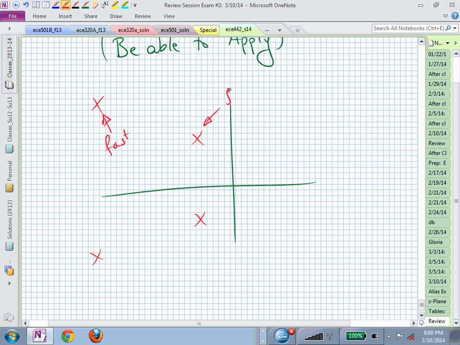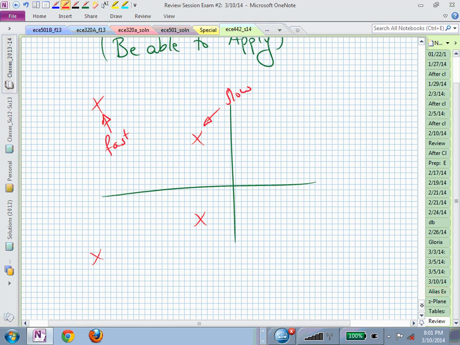This is the slow pair, and that's going to dominate your response in the time response, but this is going to be the fastest one. So you base your sampling on the fastest. You find that radial distance to that fastest pole, and you say, that's my omega sub n. Let me sample 30 times that. Now find T from 2 pi over T equal to that omega sub s. Is that clear?